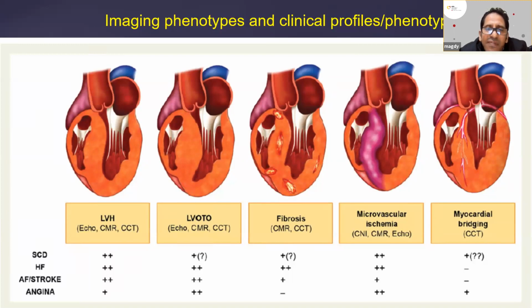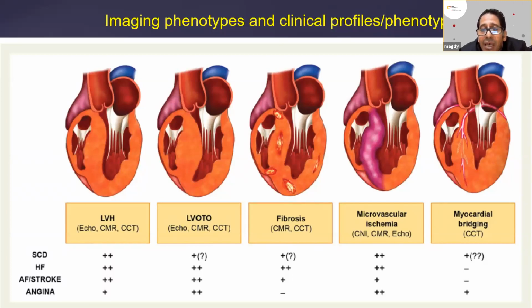Myocardial fibrosis is very important to detect in patients with hypertrophic cardiomyopathy with CMR or CCT, and it indicates the risk for heart failure and atrial fibrillation as well. It could also be responsible for sudden death because it creates a substrate for ventricular arrhythmias.